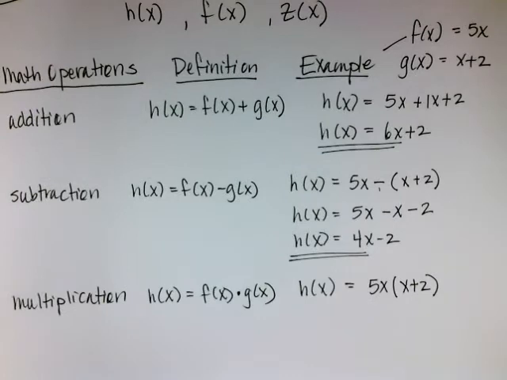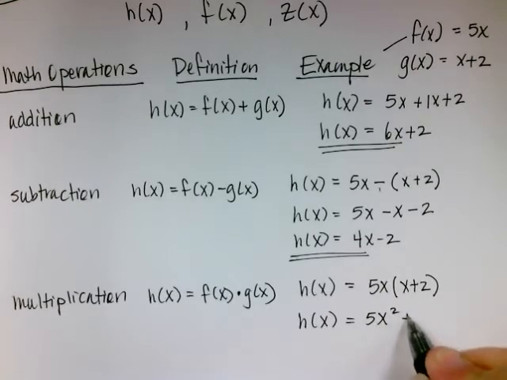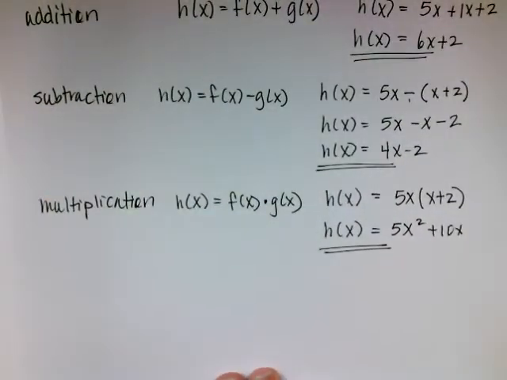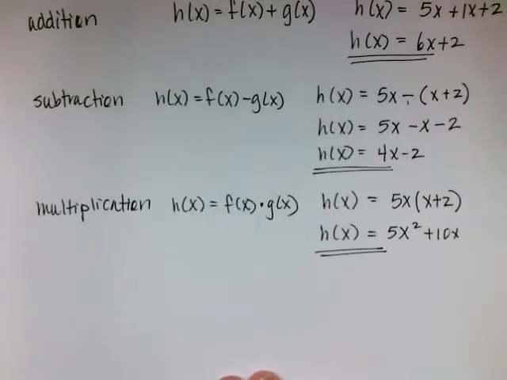So now I can do my box, or I could just distribute since I only have one term. And I'm going to get 5x squared plus 10x. And now that one's done. So really a fairly simple and straightforward process.